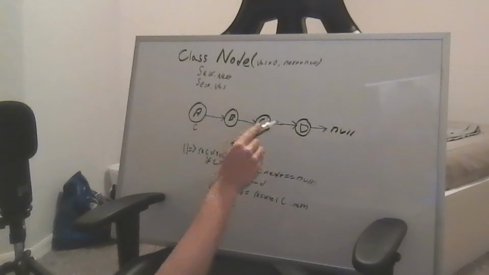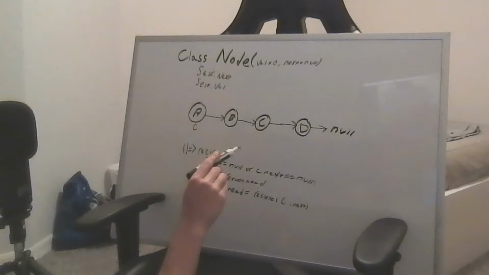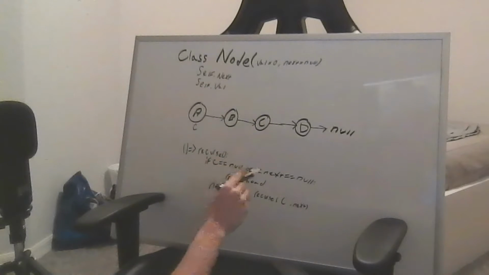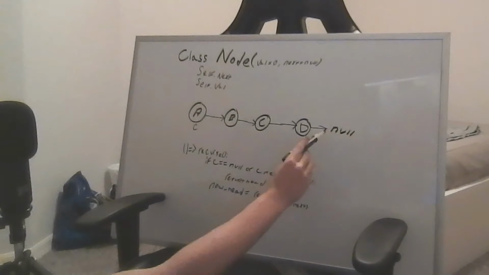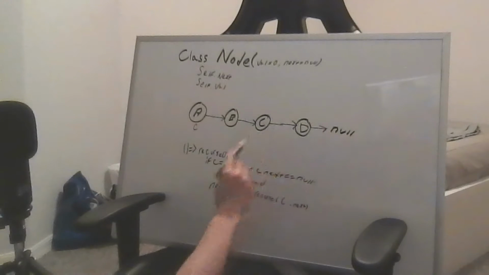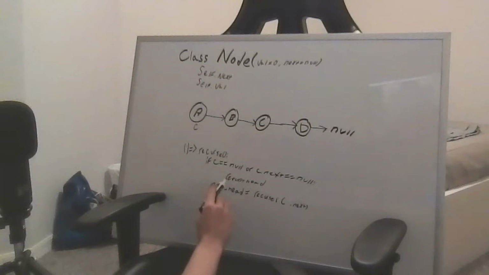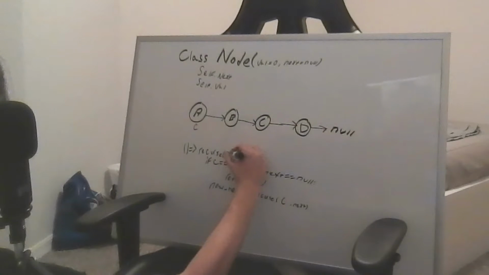Once we get to D, it is going to say, okay, C.next is equal to null, and we are going to return head. And by the way, in this recurse function, C is the parameter.